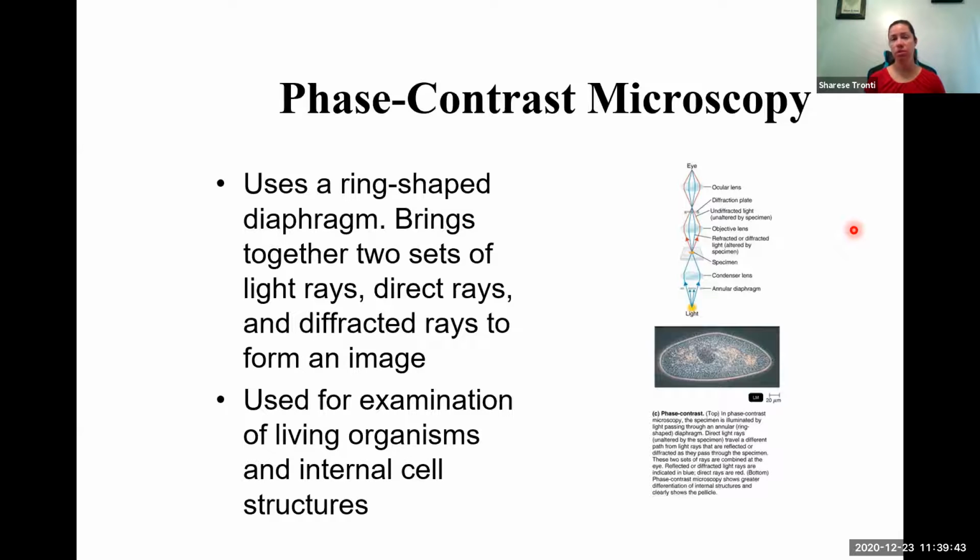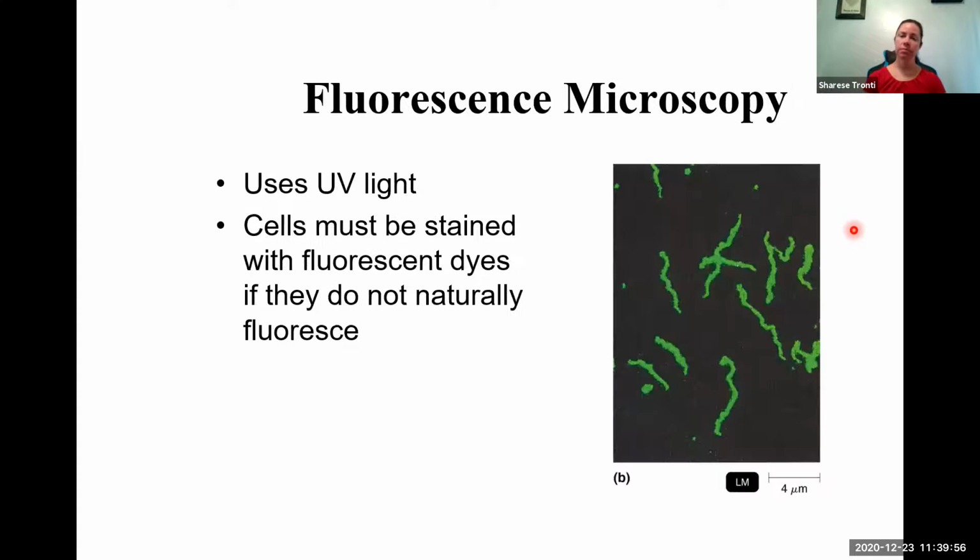So if you want to look inside an organism, say we're looking at a protozoa and you want to look at the organelles inside of it, then I would recommend that you use phase contrast. Those are the types of microscopy that we will be using in the lab.